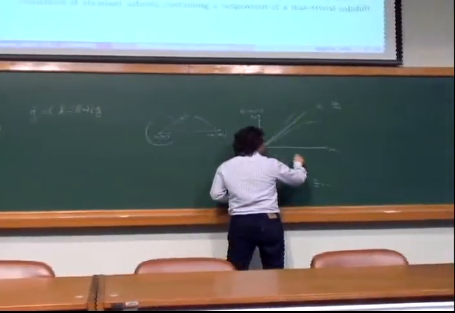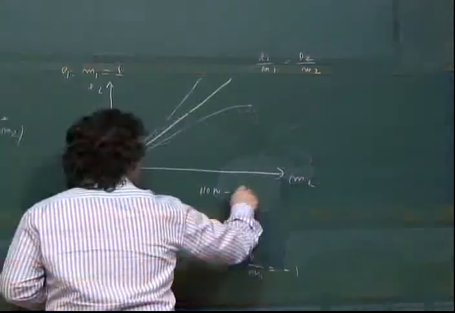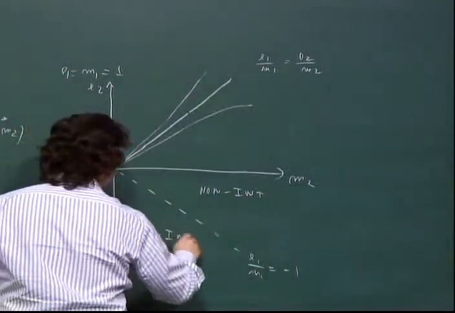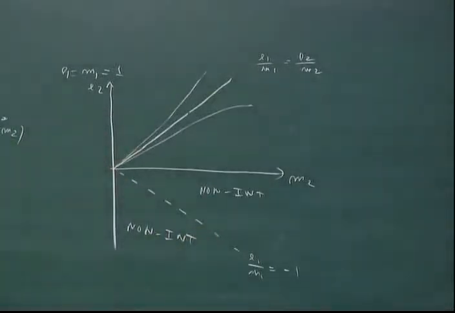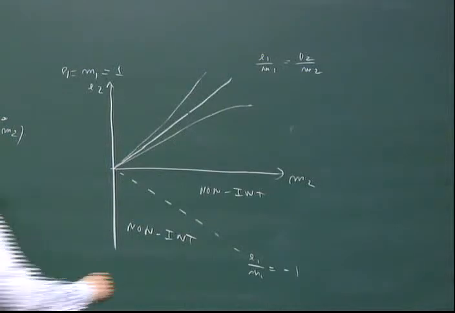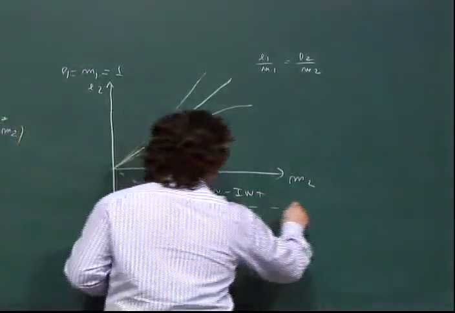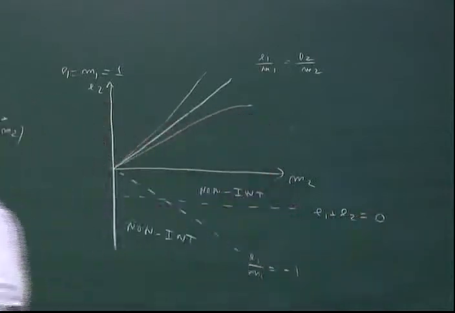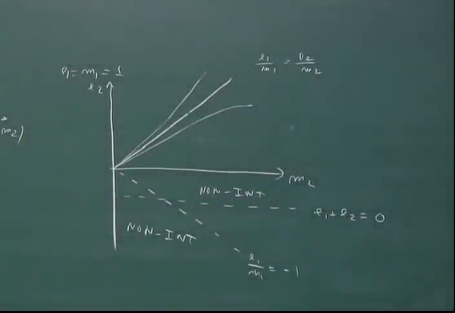So we prove that the system is non-integrable here. Moreover, we prove that the motion of the two particles is always bounded, except for a region of parameter space where E1 plus E2 is equal to 0. This is the very special case of the hydrogen atom. The two particles have the same mass, but opposite charges.